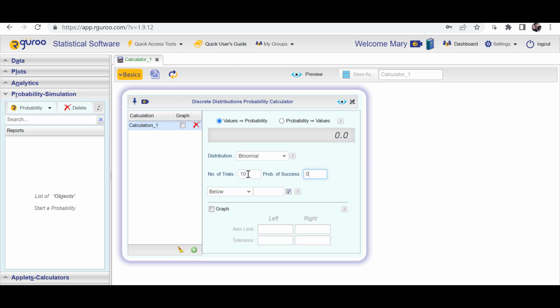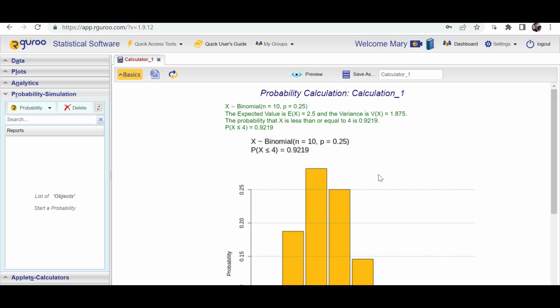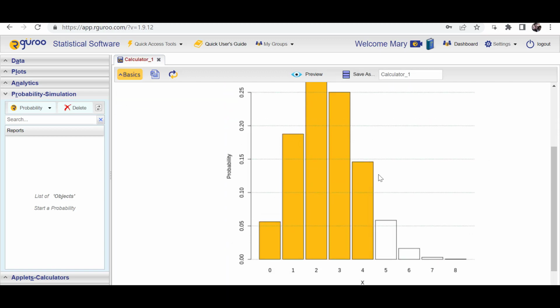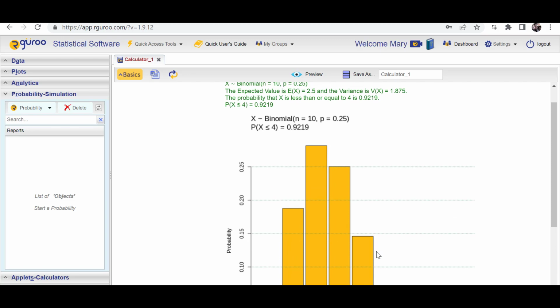Probability of a success is 0.25. And now we are doing no more than 4. So that is below 4, and it includes 4, so make sure that you have it checked. And I'm going to choose graph because, again, I like to see it. And then, are the numbers shaded no more than 4? Yes, those are the numbers 0, 1, 2, 3, 4. Those are shaded. And above that, I see the probability is 0.9219.